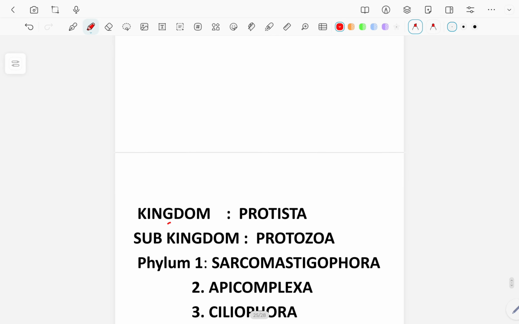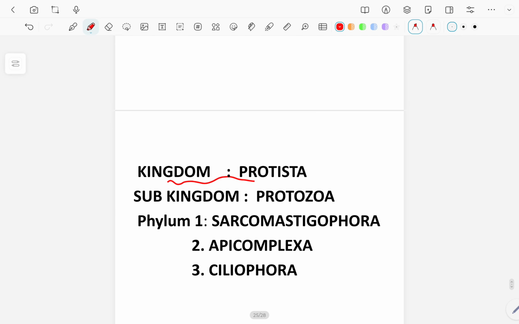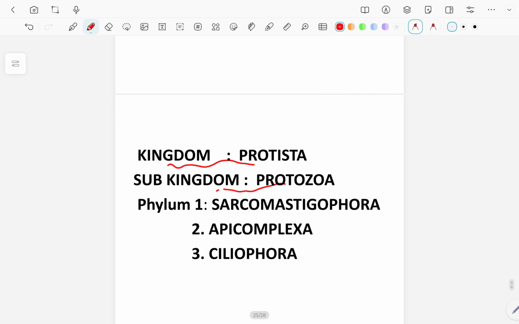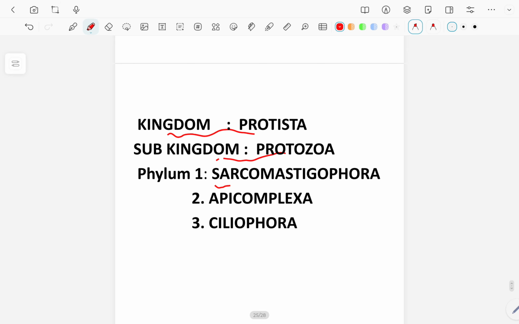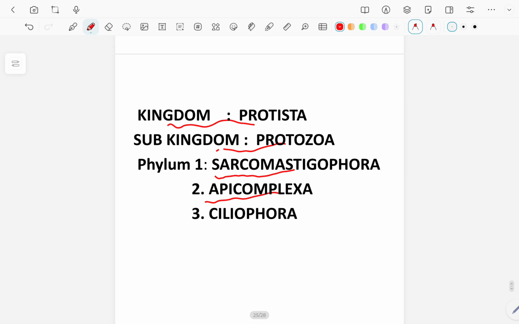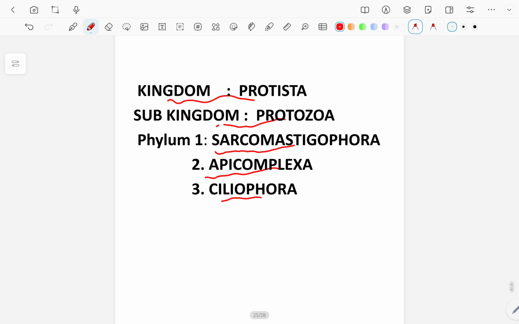Kingdom Protista, subkingdom Protozoa, phylum Sarcomastigophora, Apicomplexa, Ciliophora.